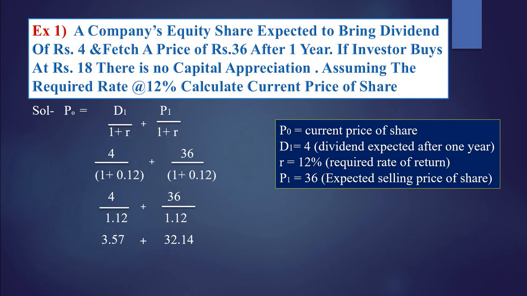Now we have to add these both values, so we get P naught is equal to 35.71. So the current price of the share is 35.71. This is how to solve a single period problem.